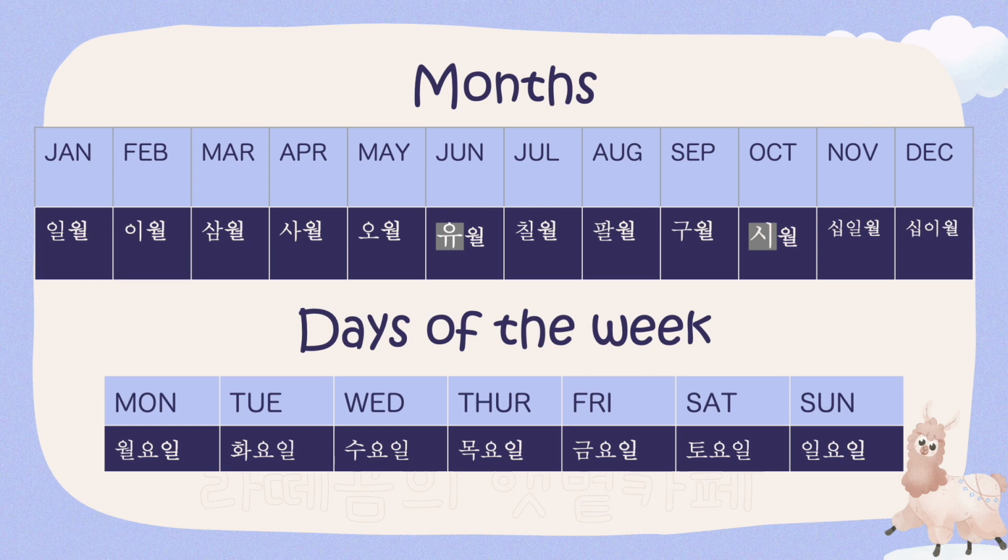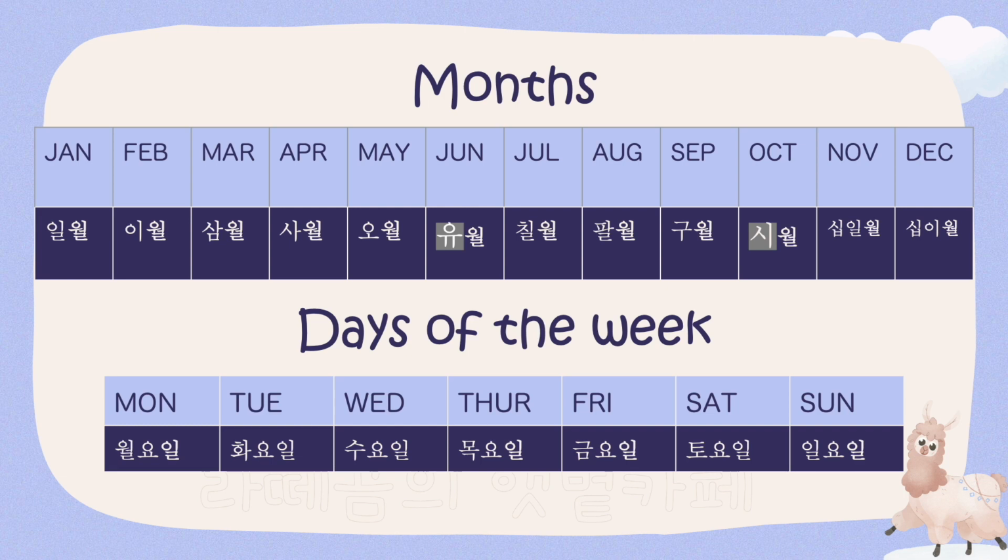January is 1월, February 2월, March 3월, April 4월, May 5월, June 6월, July 7월, August 8월, September 9월, October 10월, November 11월, and December 12월.